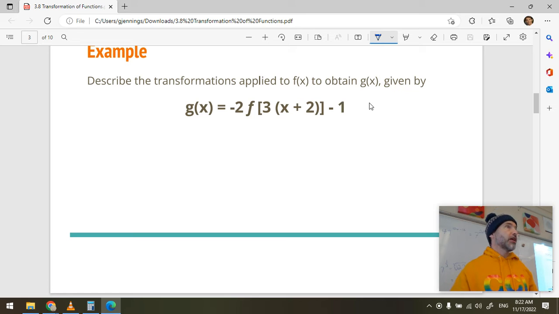Yeah, Ali. This k is going to really squeeze the function horizontally, and we can apply that transformation first. So we can do the compression first. So k equals 3, and that's a horizontal compression.